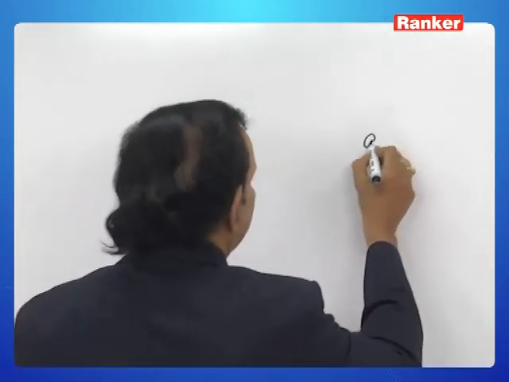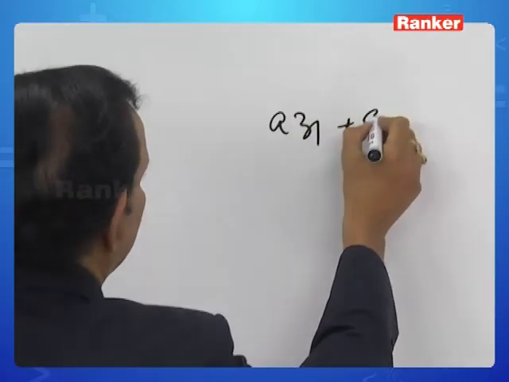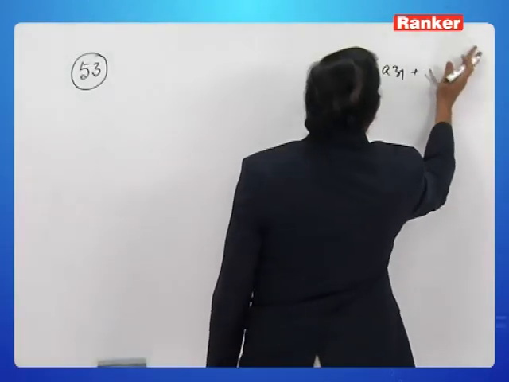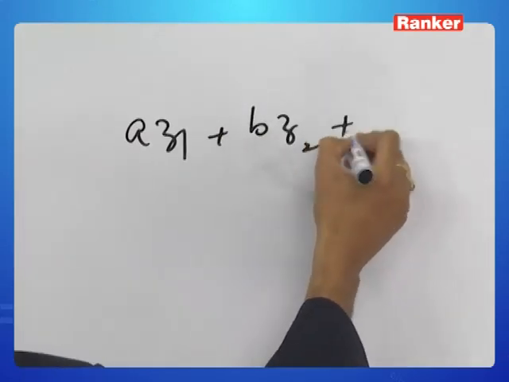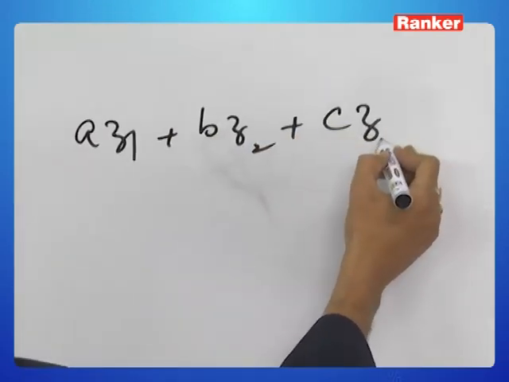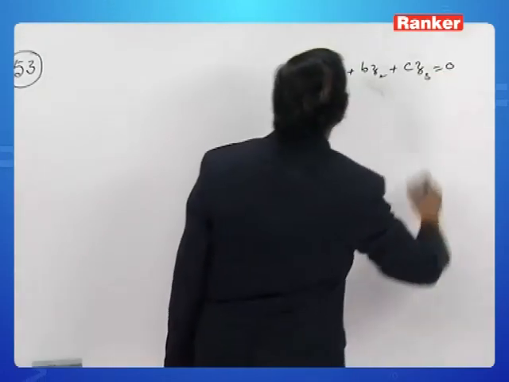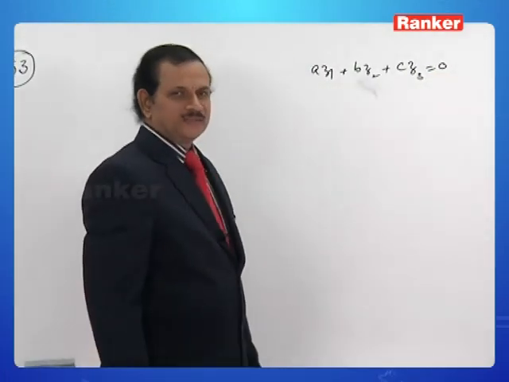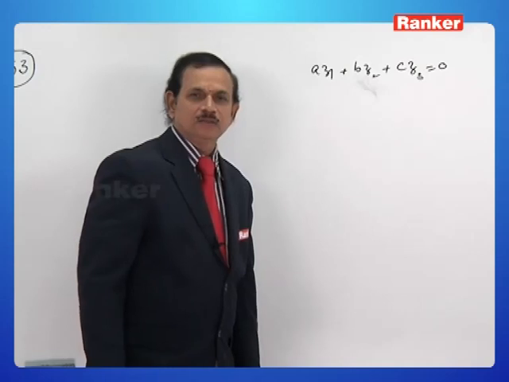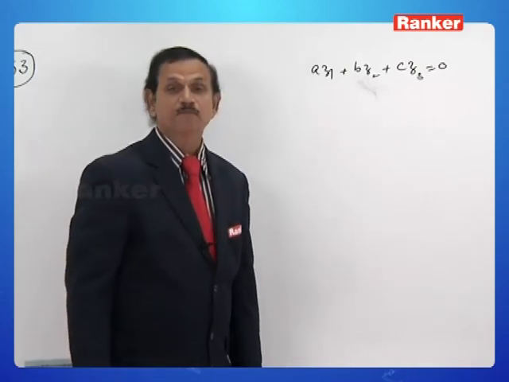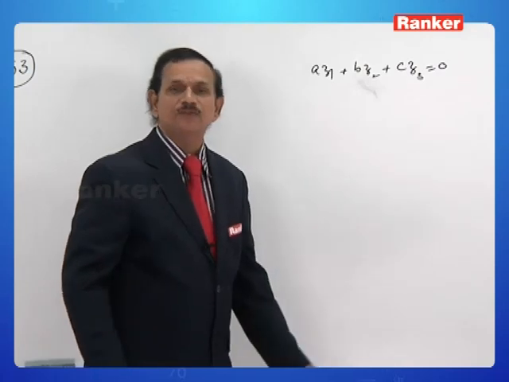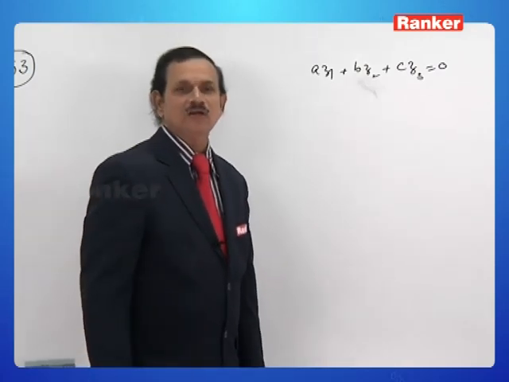Suppose Z1, Z2, Z3 are three collinear points such that AZ1 plus BZ2 plus CZ3 is equal to 0. Then A plus B plus C must be 0. A plus B plus C must be 0. Beautiful concept.